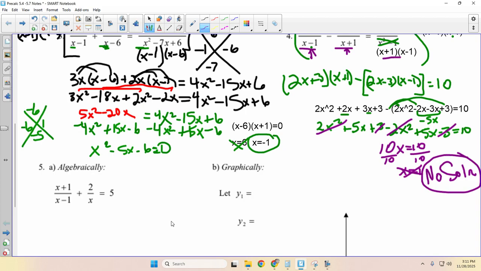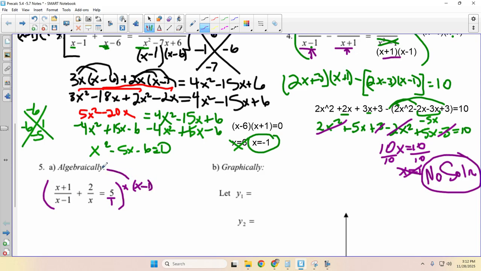All right. Let's see how we do this algebraically and graphically. So we go x minus 1, x, and this is just 1. Okay, so if I want to solve it, I have to multiply everything by x times x minus 1. That's going to get rid of all of the denominators.